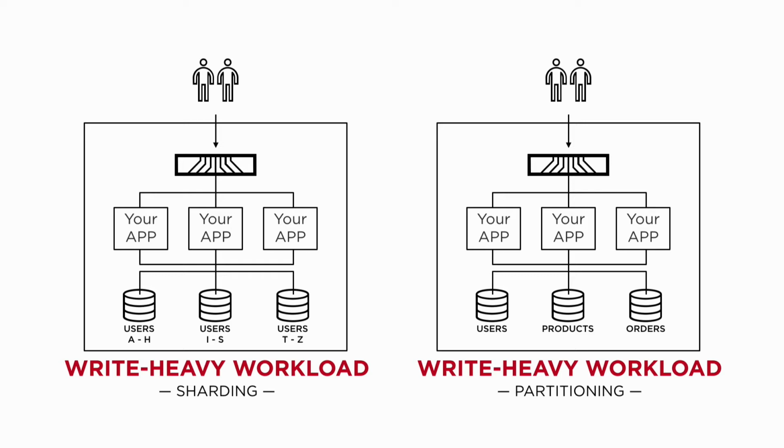So we might put users in a database, products in another, orders in another database. This is very similar. You can reduce your write contention on your database, but again, your application needs to be aware of that, and this assumes perhaps that you have the same type of workload on all of your databases, but it is an effective way of partitioning your database and scaling it out horizontally.